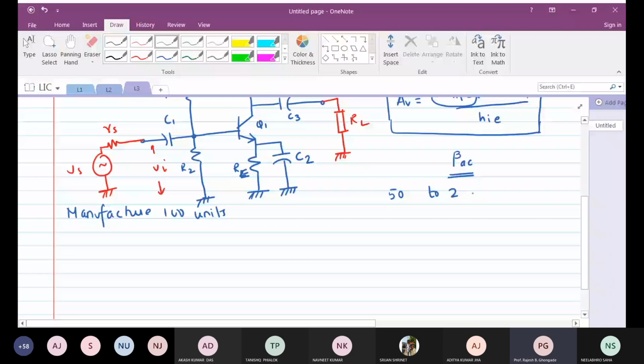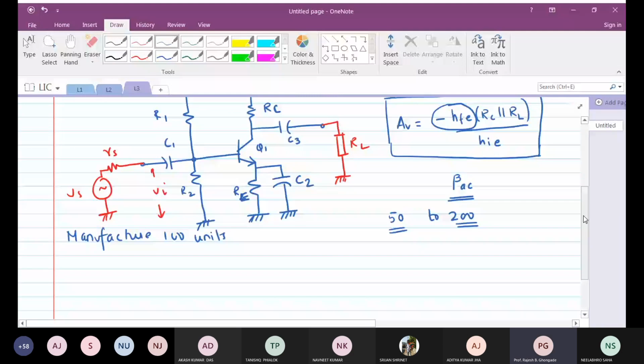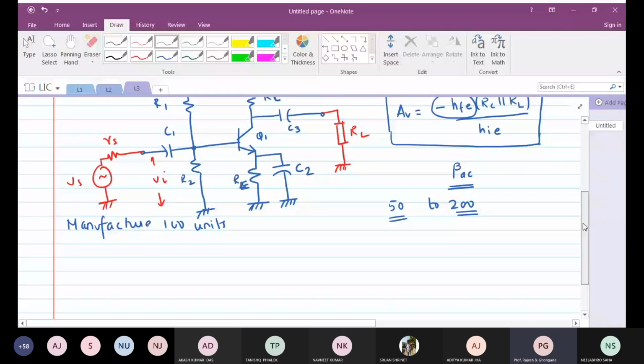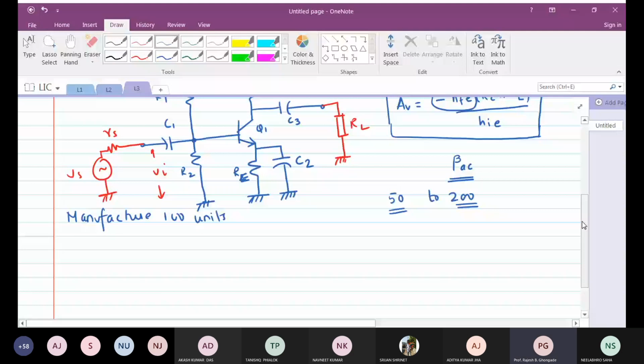Then what will be the problem? Your amplifier will have different gains. One unit that you manufacture, I'll call this as unit number 1, will exhibit a gain of, let us say, 100.